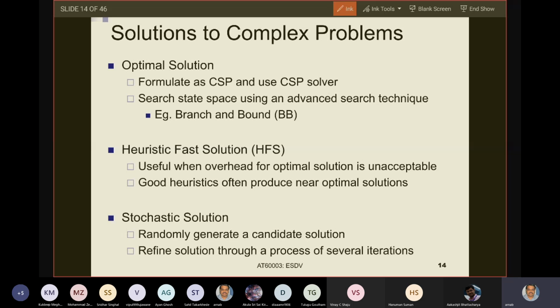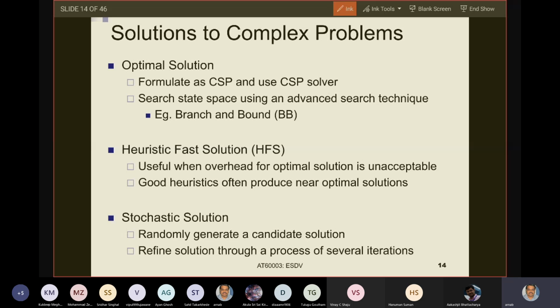Such problems are called NP complete or NP hard problems. I am not going into the technical details, but we are considering those problems and trying to find solution approaches to such complex problems.